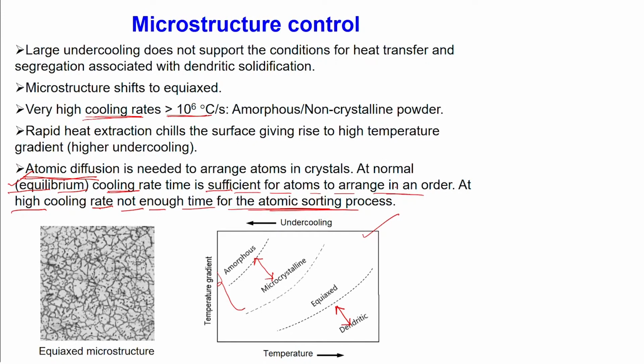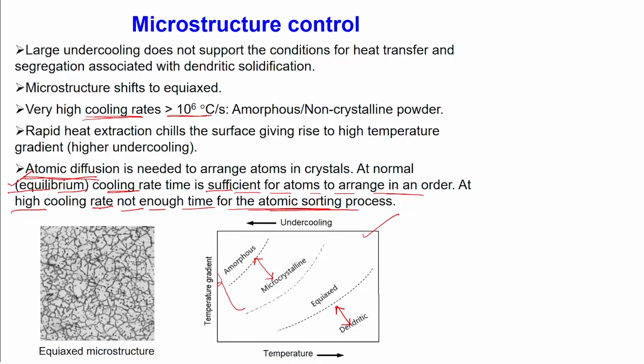So, in other words, we can say that equilibrium cooling rate or low cooling rate will lead to formation of a crystalline solid, and if we can achieve a high cooling rate which will prevent this atomic arrangement or the atomic sorting process, that would lead to an amorphous solid.